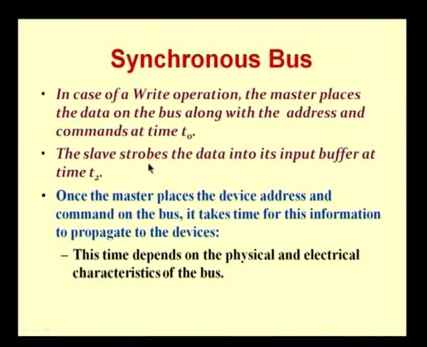Now the slave will store the data into its input buffer at time t2. Remember it is a write operation, so the slave now has to take the data from the bus and put it into its input buffer. That would happen at time t2.